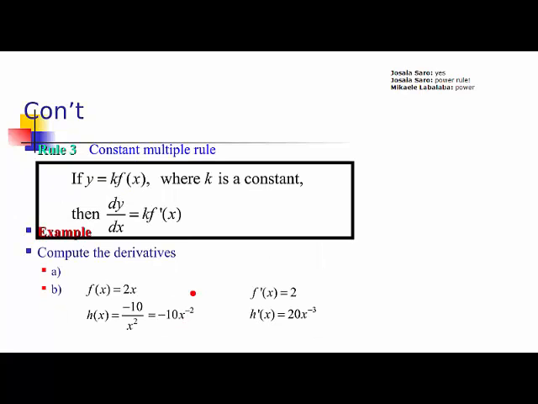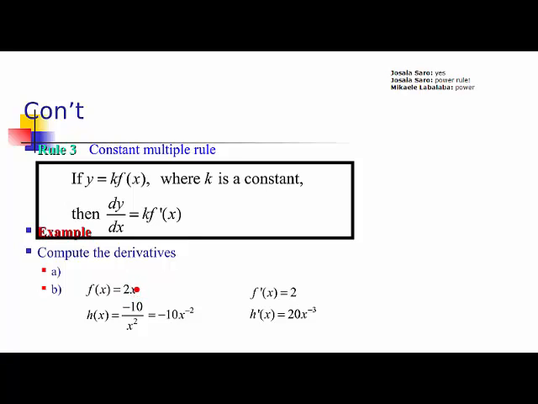Now let's look at a constant multiple rule. What does it say? If y is equal to k f(x), where k is a constant, then dy over dx will be k f'(x). Which means that if we have f(x) is equal to 2x, where 2 is your k, and x is your f(x).